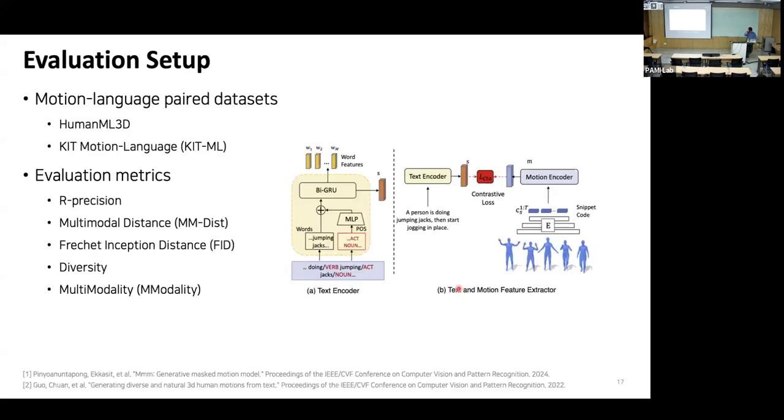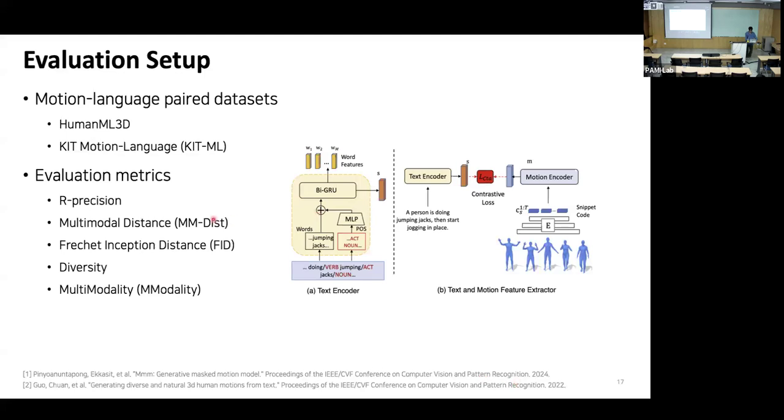So this is the evaluation setup of the paper. They conduct experiments on two standard datasets for text-to-motion generation, which are HumanML3D and KIT-ML. They also followed the evaluation protocol proposed in the previous paper.